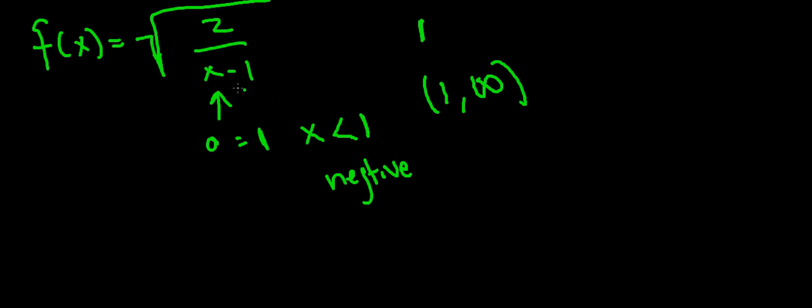But again, as soon as we start getting smaller x's, if we put in 1, that's going to give us a 0 in the denominator. But besides that, if we go any lower than that, if we put in 0.9, then it's going to be a negative fraction. That's going to give us a negative under a radical. So this is the domain for this problem.